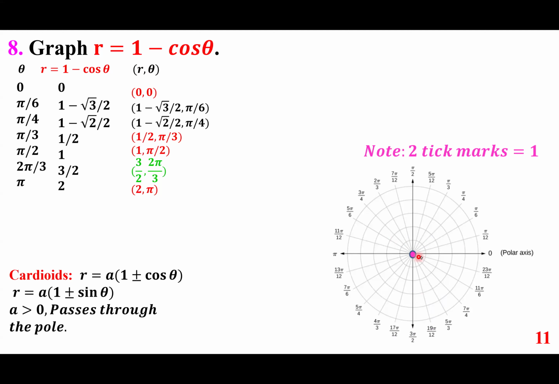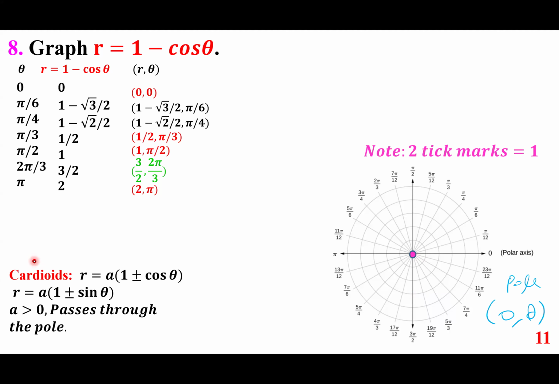So again, the pole is represented with 0 on any angle. Theta can be anything.